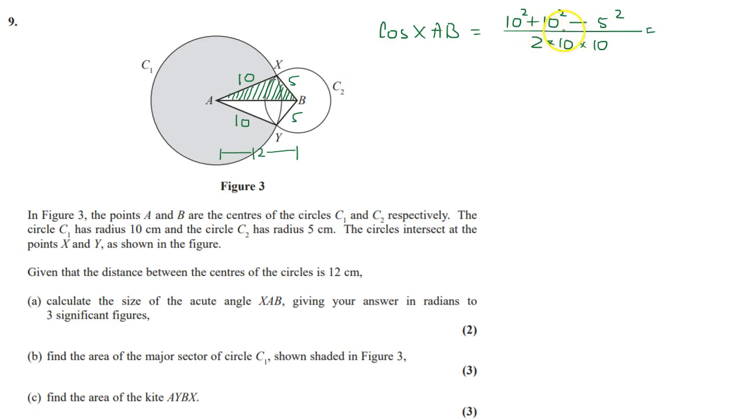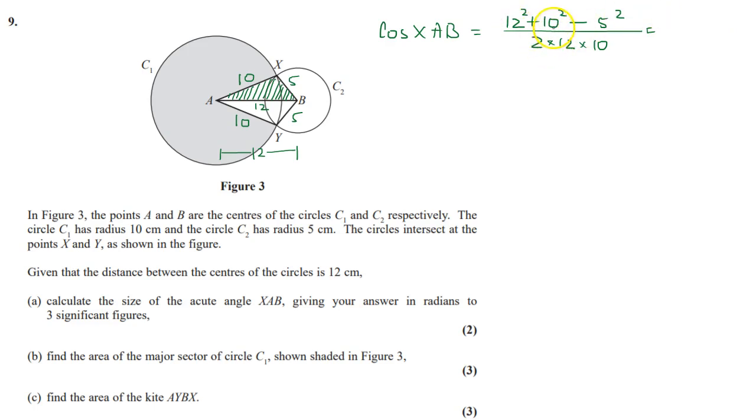So this is 200 minus 25. No, this is not. This is 12, this is not 10, this is 12. So we have 12 square. This 10 and 12 are making the angle, so 2 multiplied by 10 multiplied by 12.